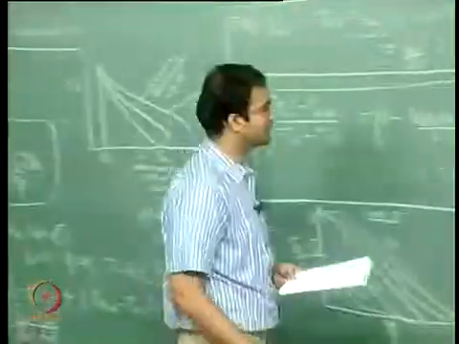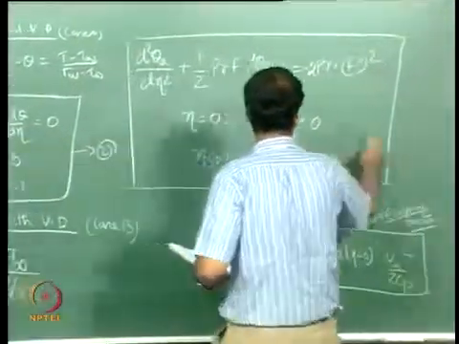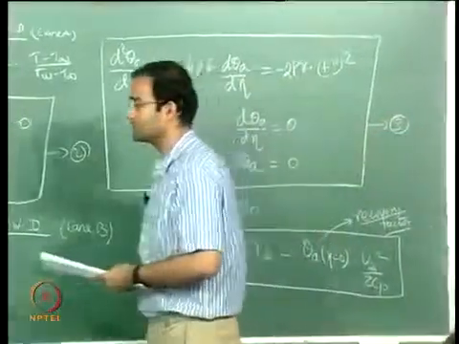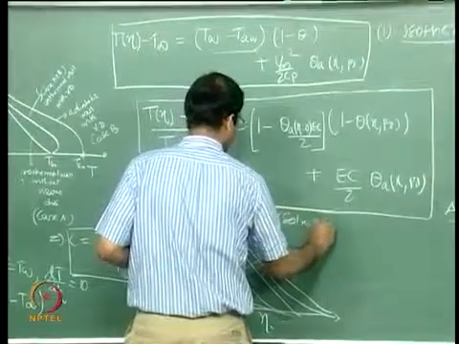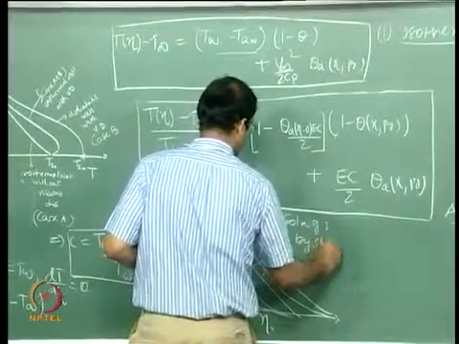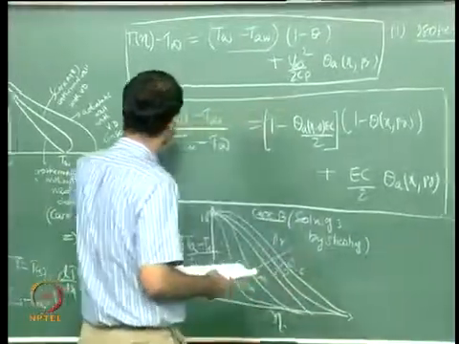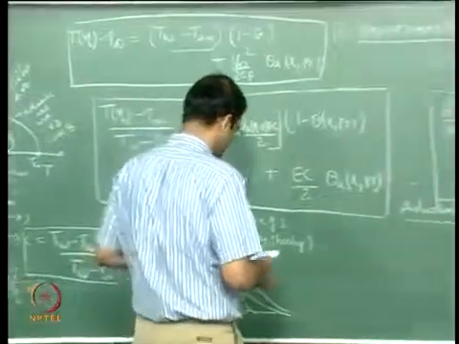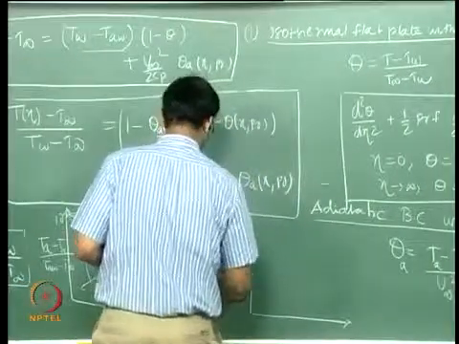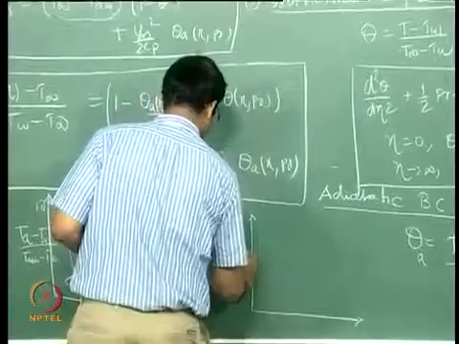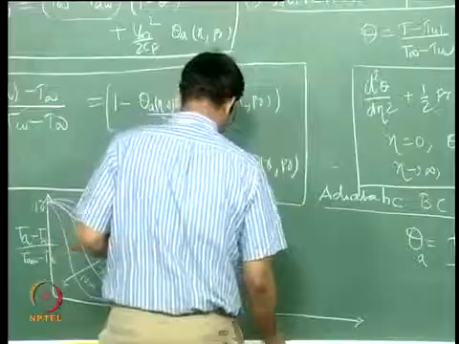Once you solve this, if you want to call this as number 2 and number 3. So if you solve 3 by shooting method, this is what you get finally. Okay, so this is coming from solution of 3 by shooting. Now for the general solution for this, the combination of these two solutions, if you can plot for a given value of Prandtl number, that is my T of eta minus T infinity by T wall minus T infinity, as a function of eta.